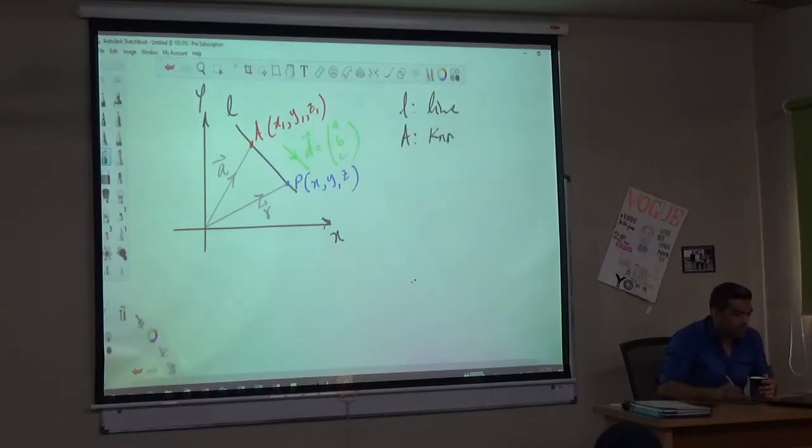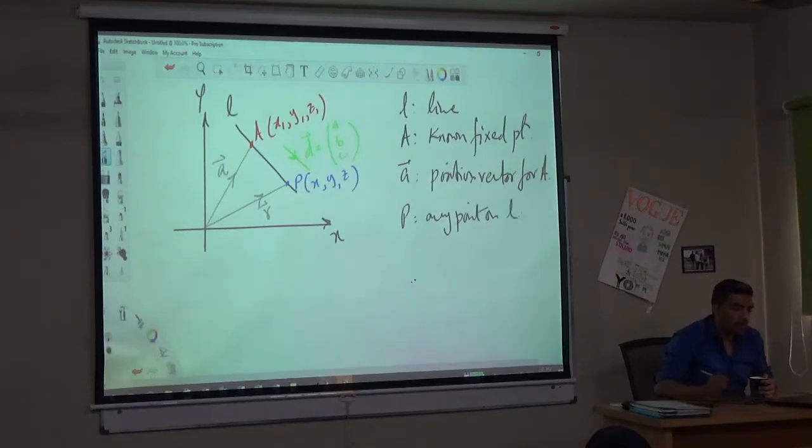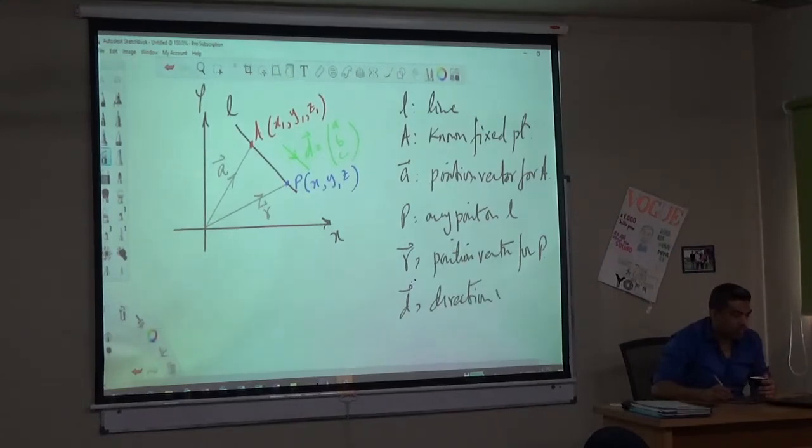A is the known fixed point on the line L, small a is the position vector for the point A. P is any point on L, and R is the position vector for the point P. And D is the vector that runs parallel to the line, which we call the direction vector.